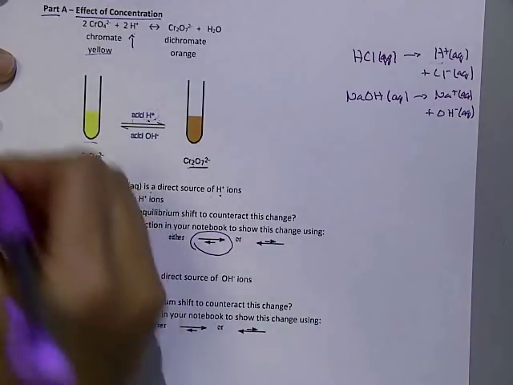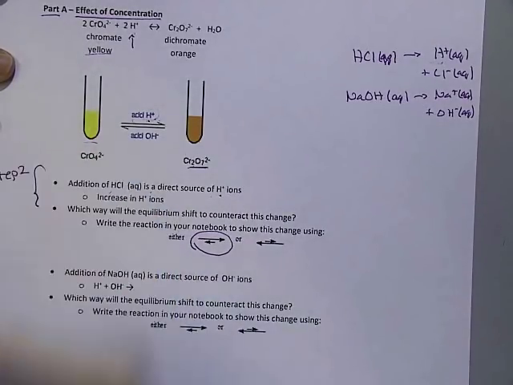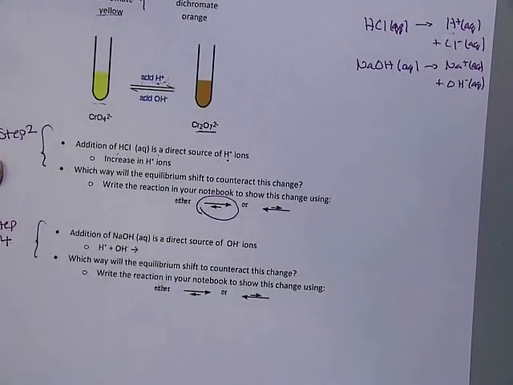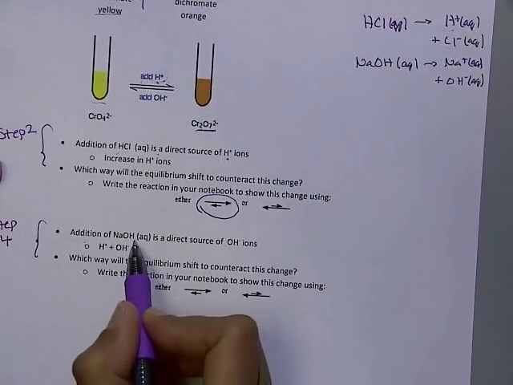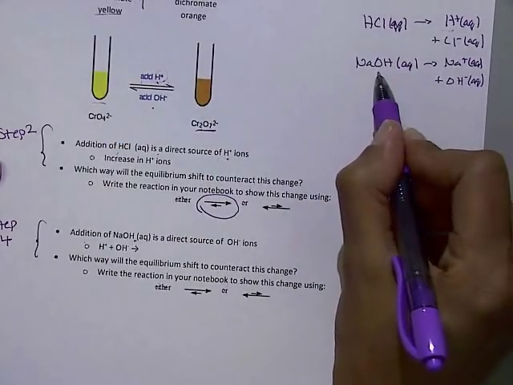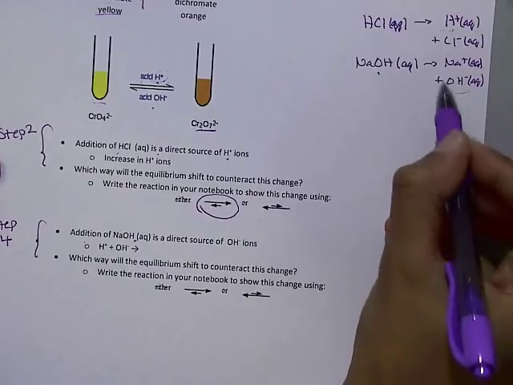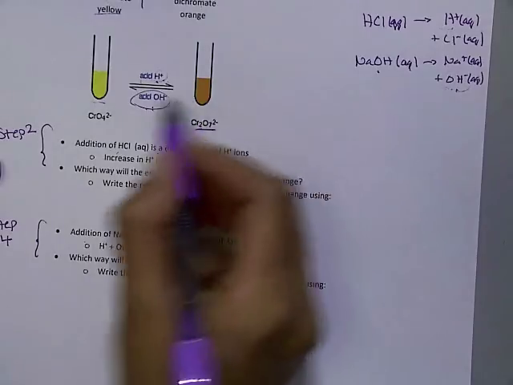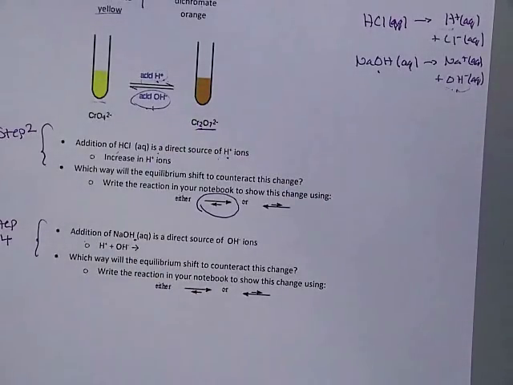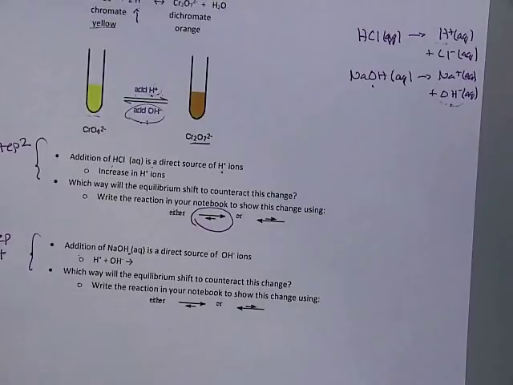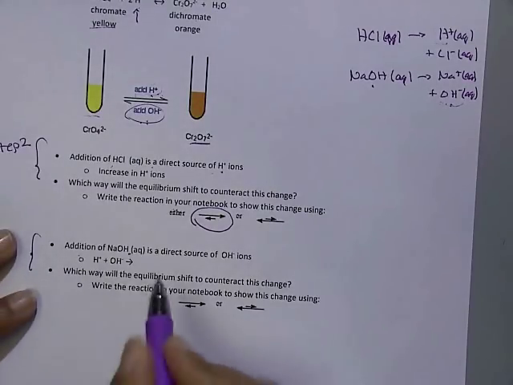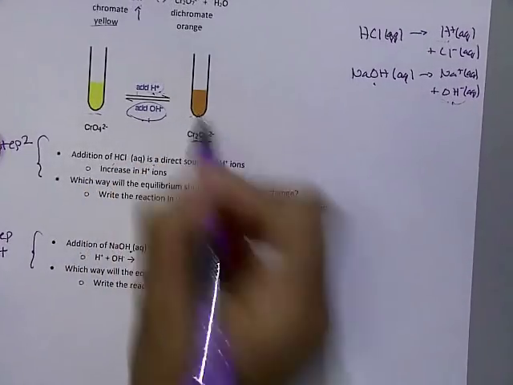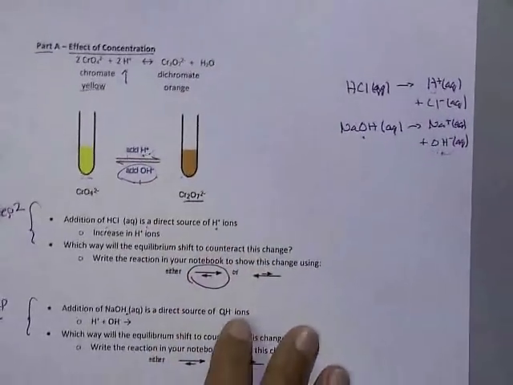So this right here in lab is step 2 of part A. Step 4 of part A says, well, add sodium hydroxide, because sodium hydroxide is an aqueous solution, therefore it could supply a source of OH ions. By adding OH ions, we then are able to shift the equilibrium back, or to counteract this change.